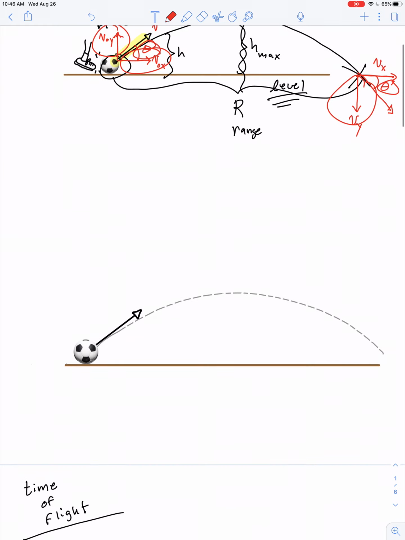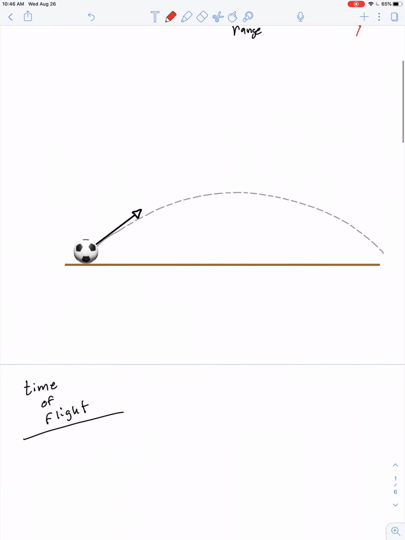Let's go over this in a little more detail. So the trajectory shown here is a full parabola. And if we make a few dots along the way, let's picture when the soccer ball gets to point 1, point 2, point 3 at the very top, 4, 5, and 6 is just before it strikes the ground again.